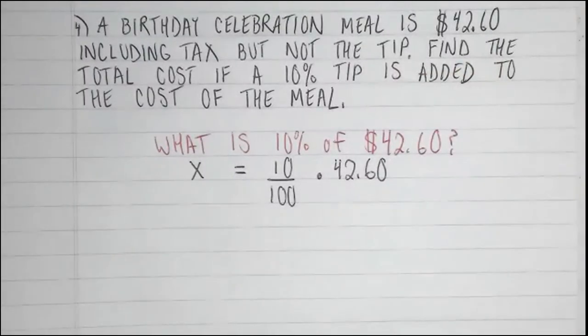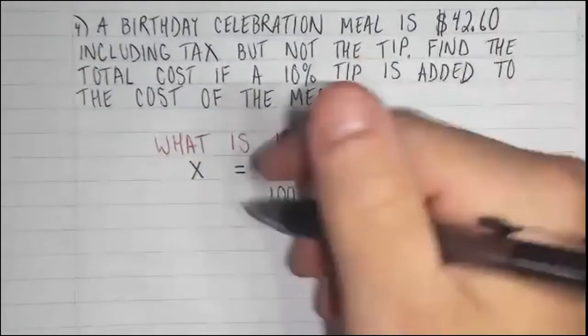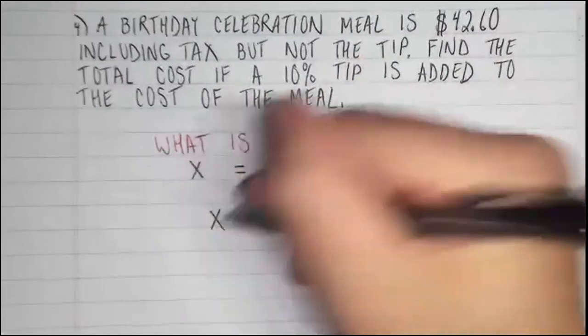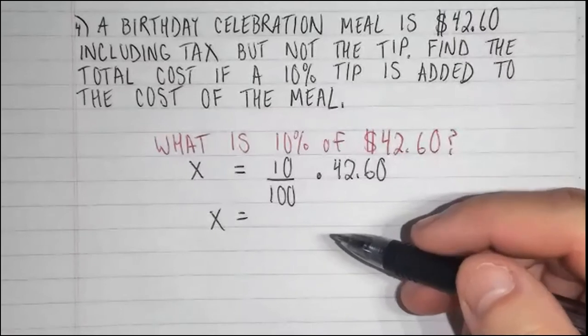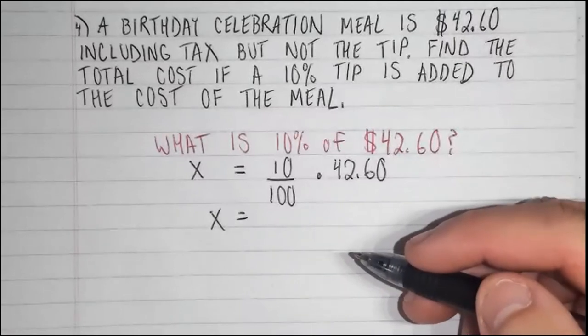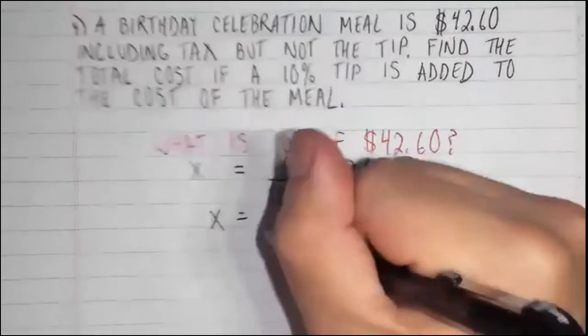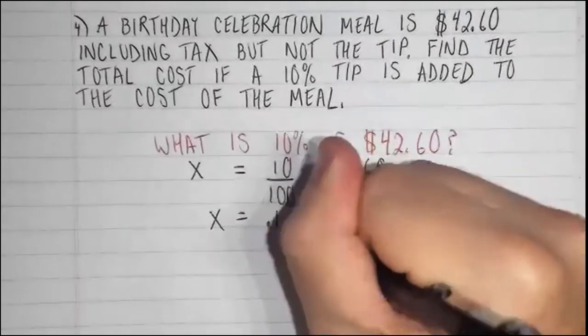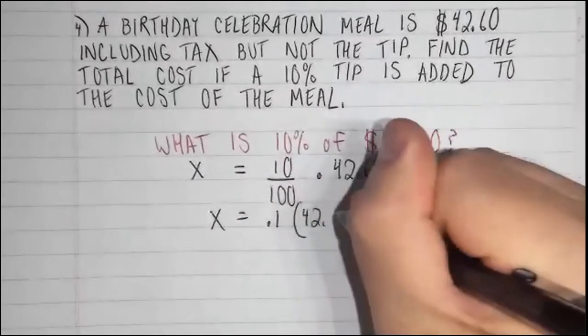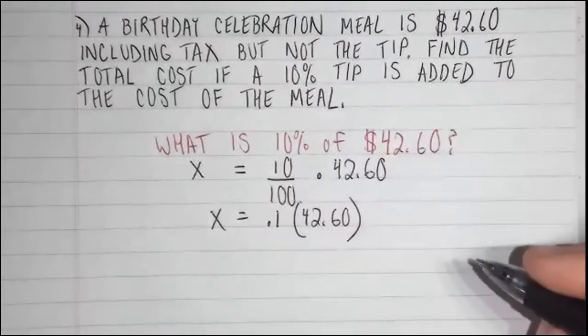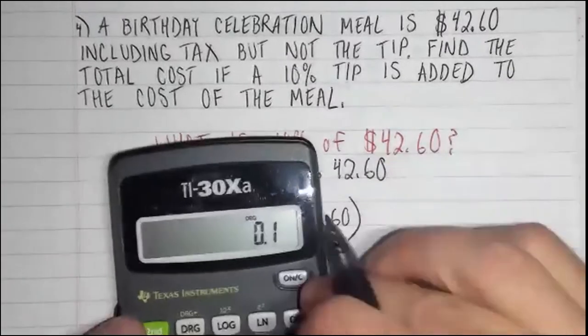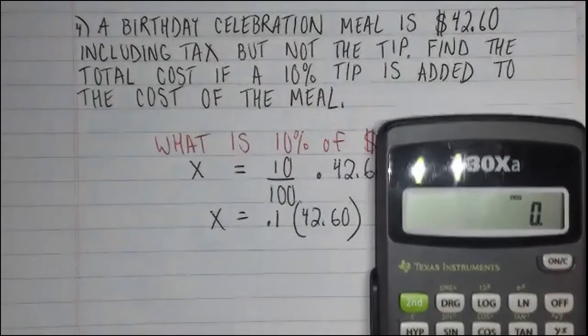So we're just multiplying, the x is already isolated, so it's really not that hard. I'm going to convert the 10 over 100, 10 divided by 100, which gives me 0.1. And then I'm going to times that by 42.60.